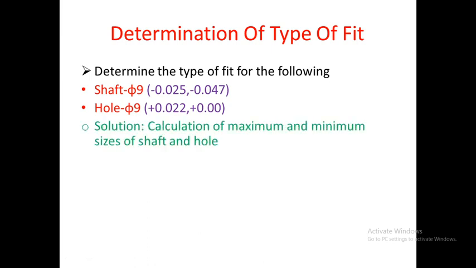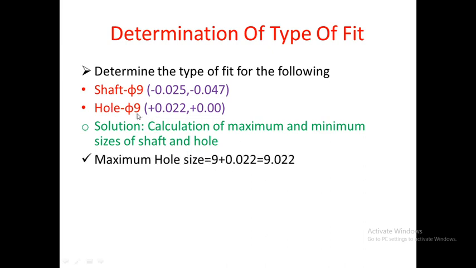For the solution, we have to calculate the maximum and minimum size of the shaft and the hole. From this data, we have to determine the maximum size and minimum size of the shaft, and the maximum size and minimum size of the hole. So we will calculate one by one. Maximum hole size.